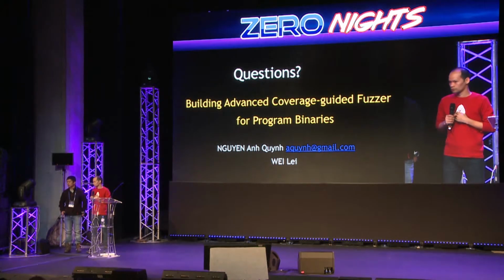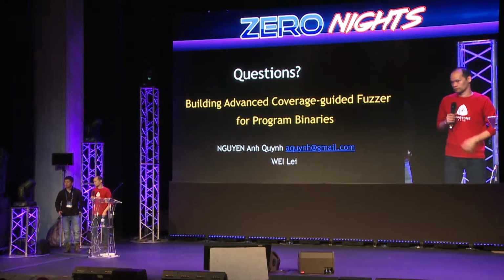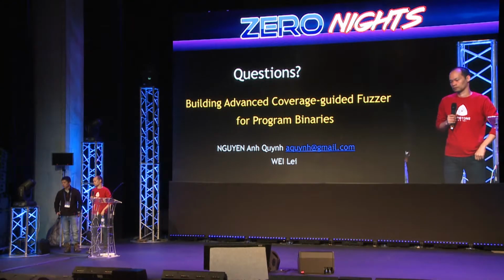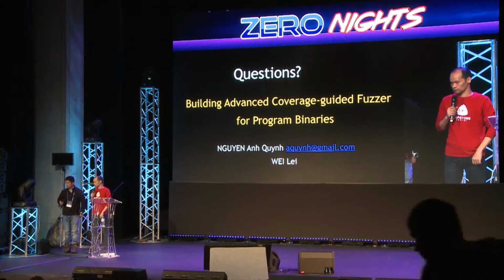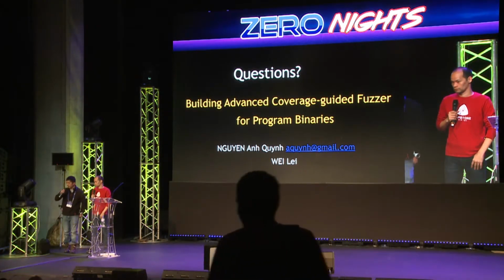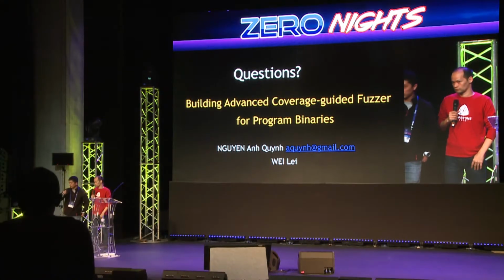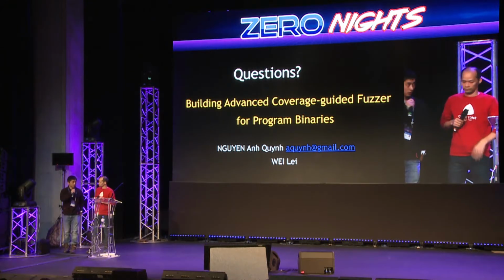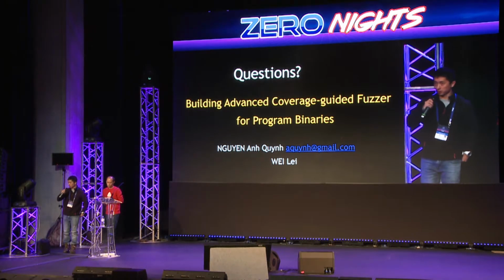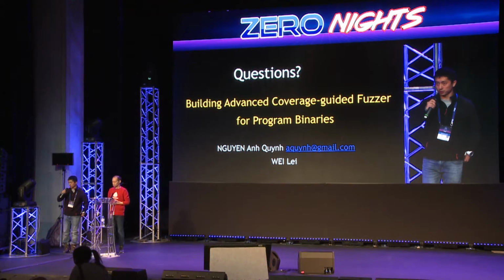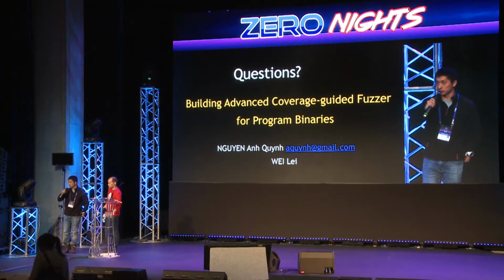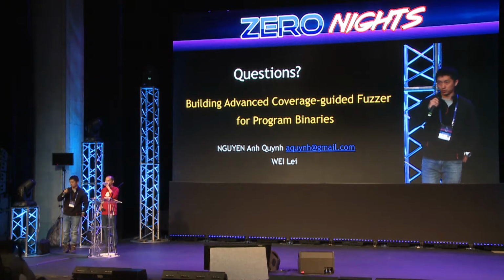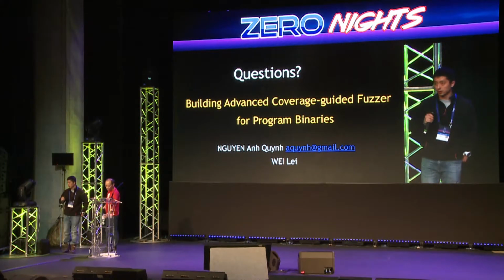Do you hook user32 functions, for example, on Windows, or the framework on Mac OS? You mean delayed inputs to the program? Yes. Currently, we handle normal programs, but for special cases, I think specific engineering is needed to plug that into the framework. Okay, thank you.